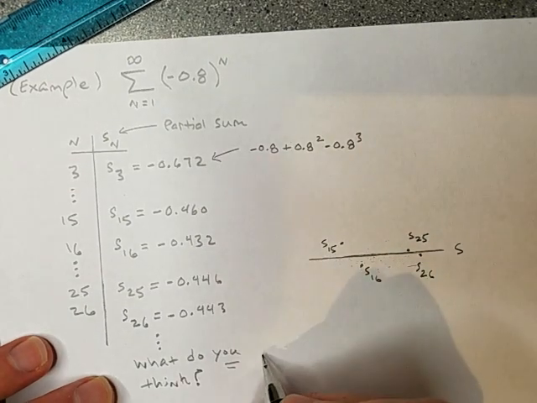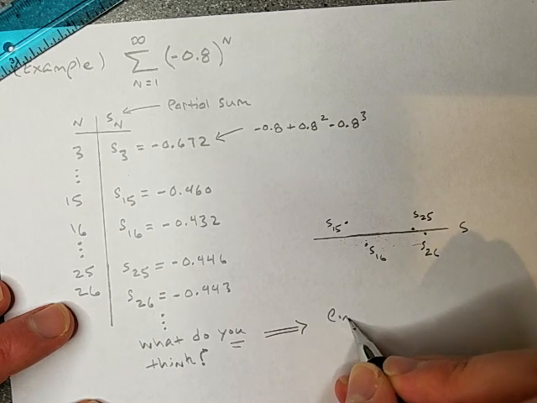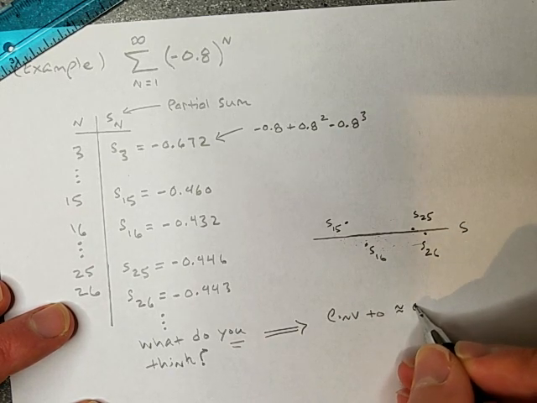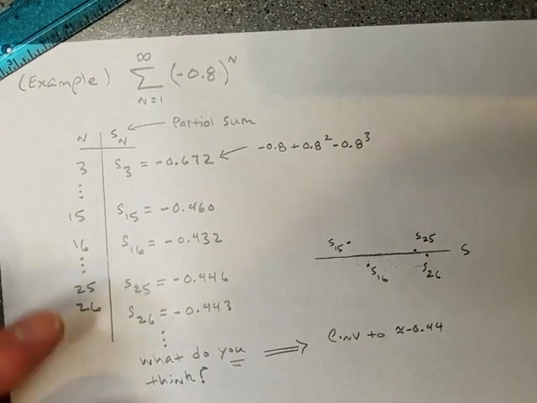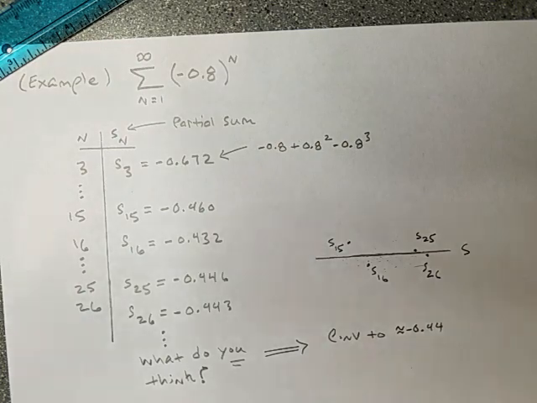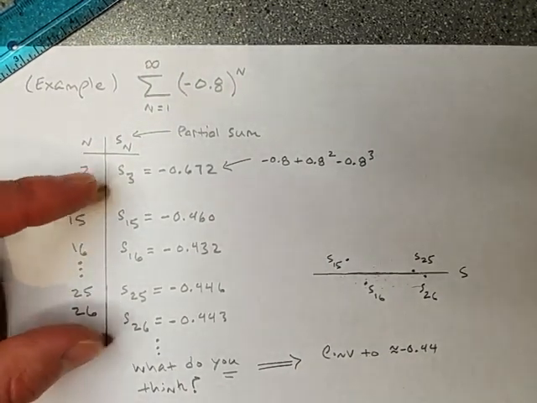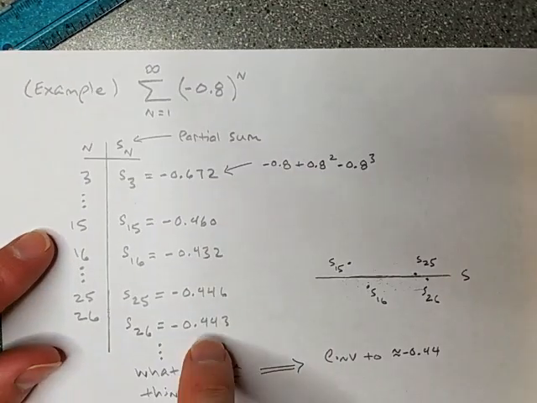Okay? So what do you think? Or what do I think? I would say, well, it looks like it converges to, I don't know, about negative 0.44 or so. That's the pattern I'm seeing. But I told you I wanted this to be a video that's fairly basic. And I'm not saying the numbers in this series are 0.44.